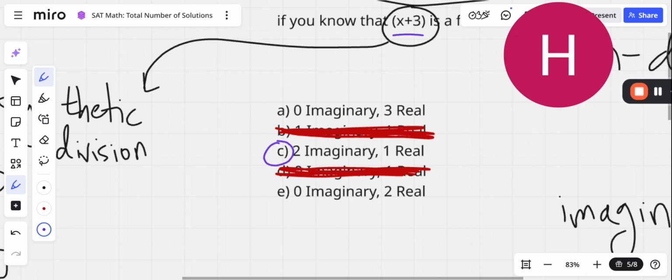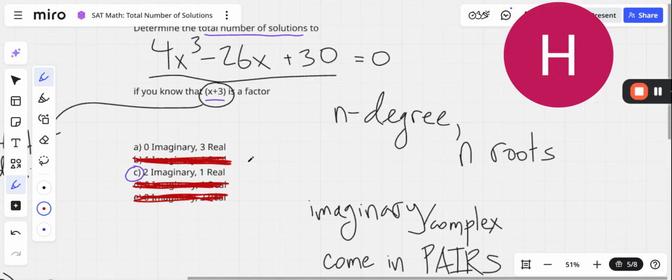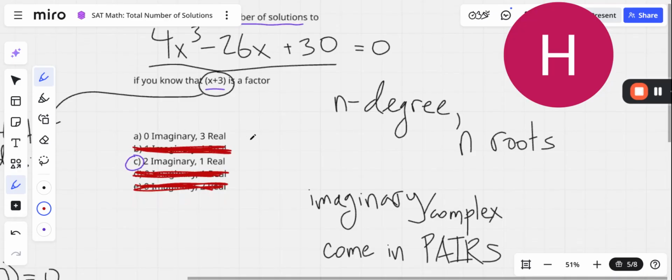All right. Of course, we're able to eliminate option E as well. Those don't add up to 3. So really, just from using this principle of nth degree polynomials having n roots total, which is the sum of the imaginary and real roots, we can just eliminate some answers that don't add up to 3. Now, realistically, I don't think that on the SAT, you're going to be able to eliminate 3 options from that.